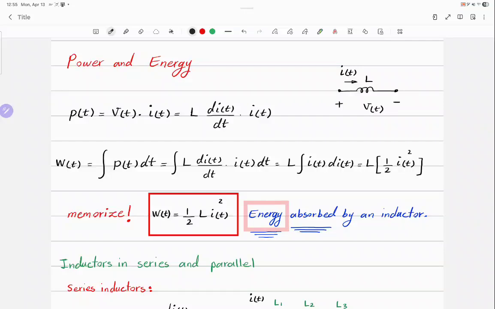Now, do you remember the fundamental equation of, were you writing? Do you want me to scroll up? Okay, what was the fundamental equation for energy?